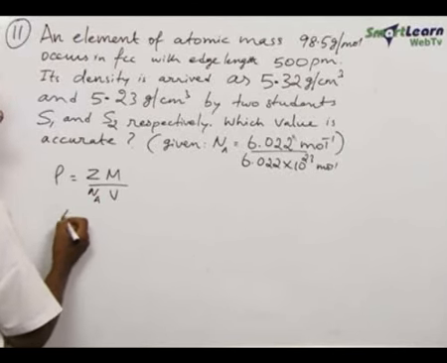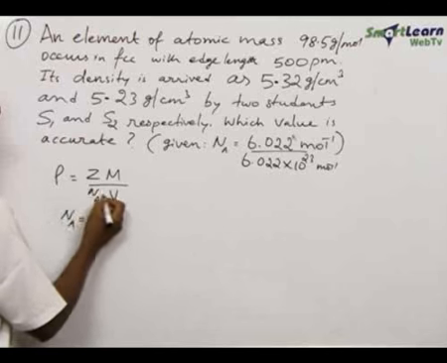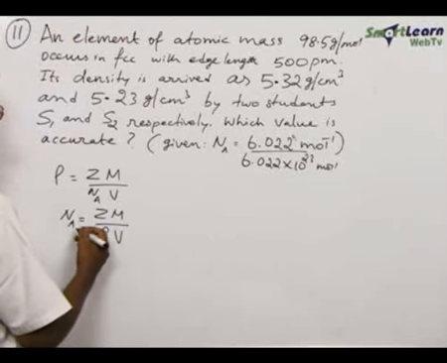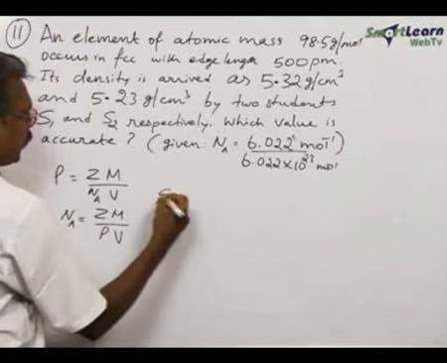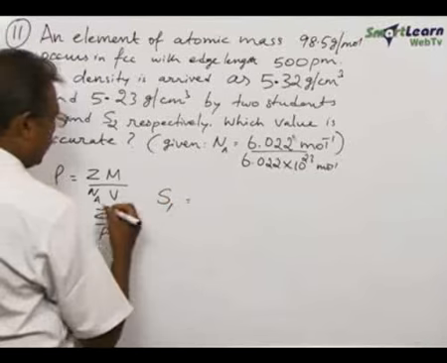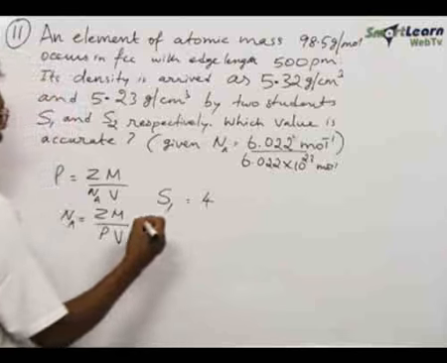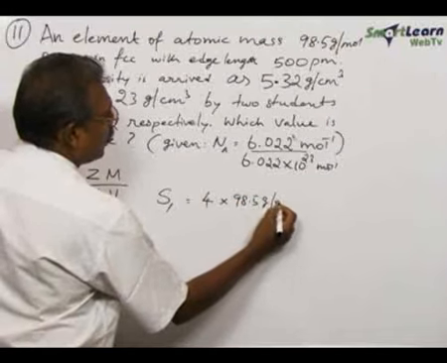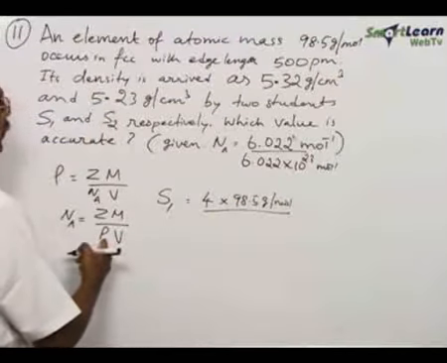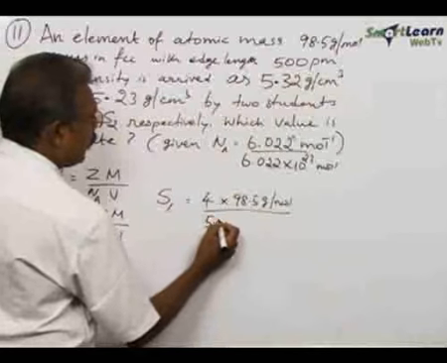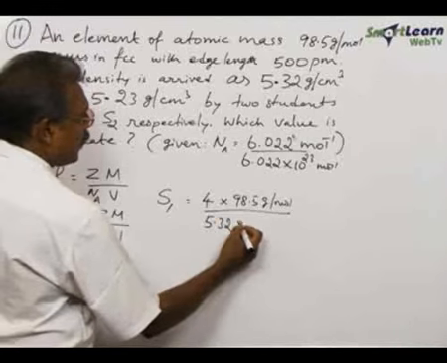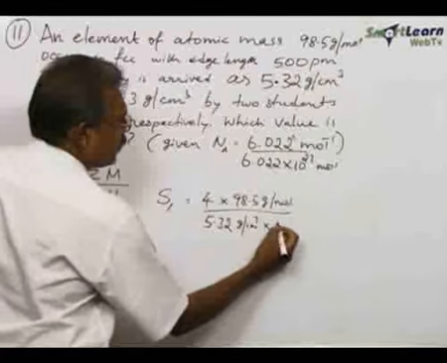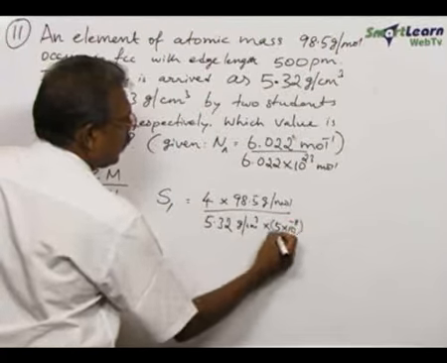And here Na is equal to Z M divided by rho into V. So if you go by student number 1, Z is equal to 4 for FCC, and the molar mass is 98.5 gram per mole, divided by the density according to him, 5.32 gram per centimeter cube, and the edge length 500 pm, so 5 into 10 power minus 8 the whole cube.